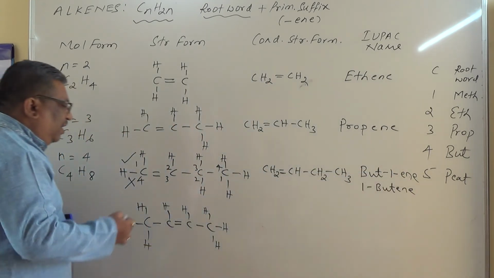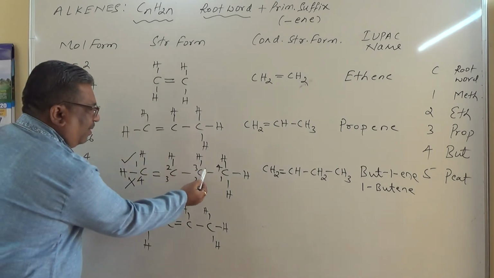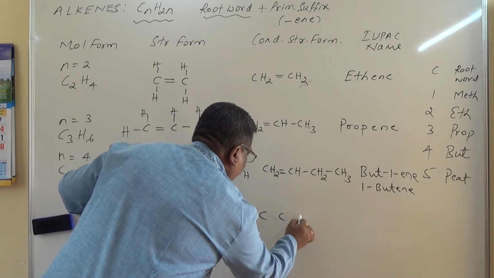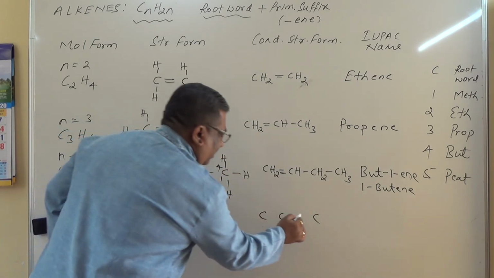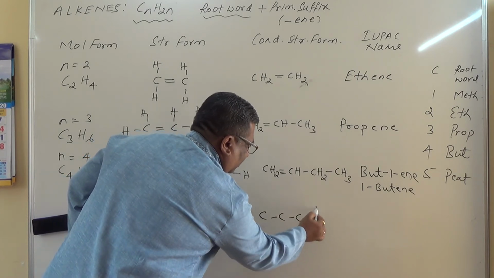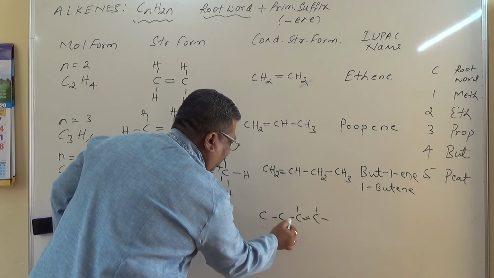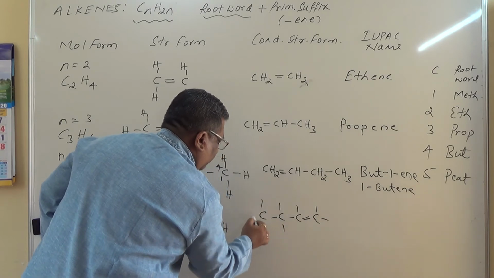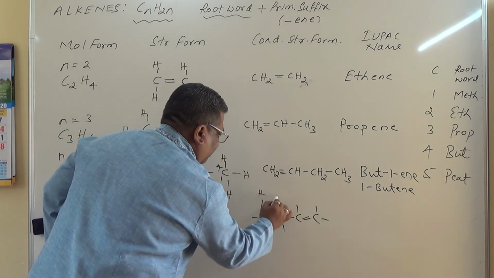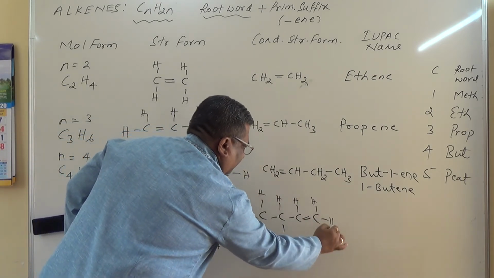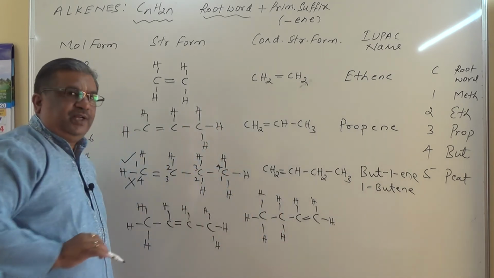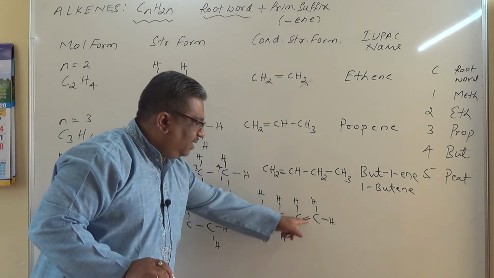Now, you may ask me, if I put a double bond over here, what happens? Let us take once again one example here, 1, 2, 3, 4. Let me add a double bond here and single bonds. These are hydrogen. All these are hydrogen. How to number the parent chain? The longest chain is the parent chain.